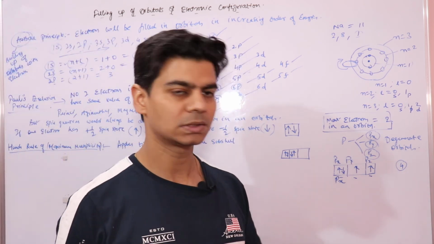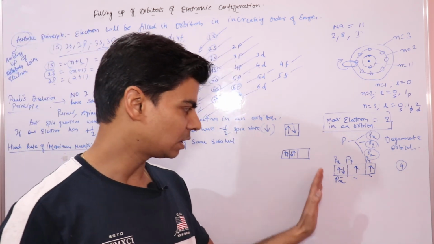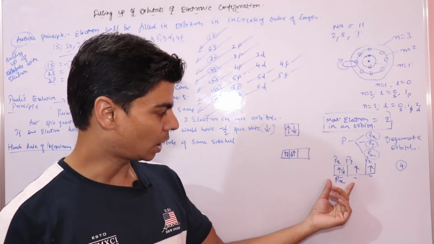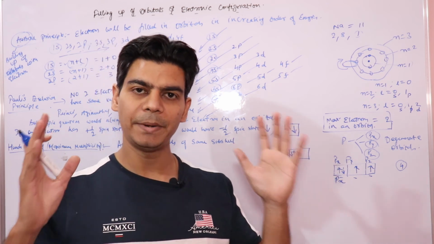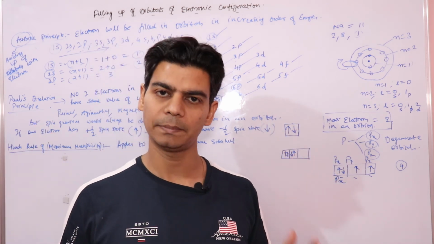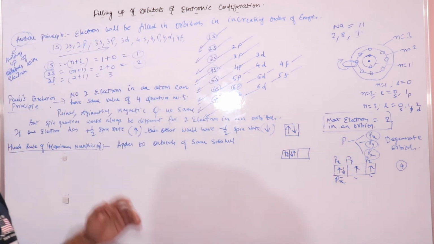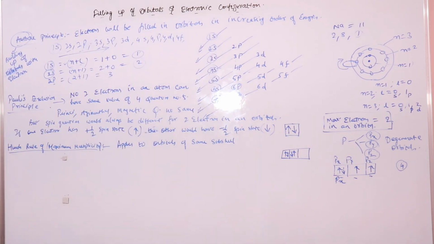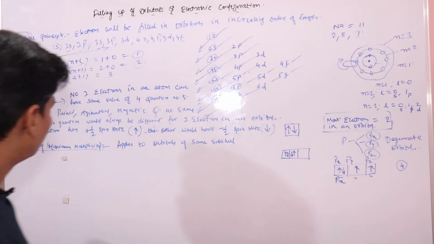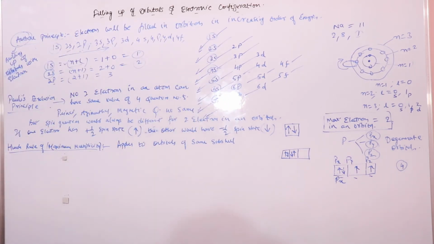Once all the orbitals are singly occupied, then I will start pairing up electrons, because I should have minimum paired up orbitals, so as to minimize the inter-electronic repulsion. This is your Hund's rule of maximum multiplicity. Now let's quickly look at what this maximum multiplicity is.